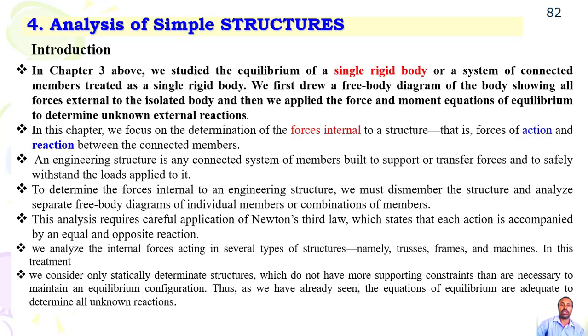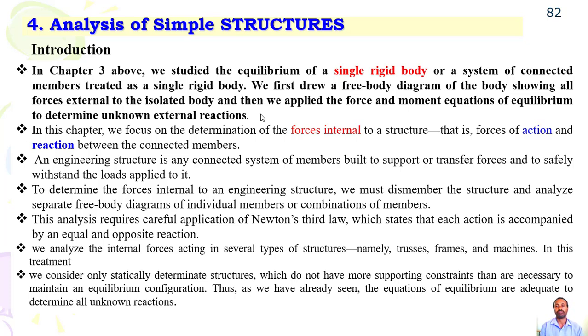Now let us see the detail. Just as an introduction, in chapter 3 above, we studied the equilibrium of a single rigid body, or a system of connected members treated as a single rigid body. We first drew a free body diagram of the body showing all external forces on the isolated body.